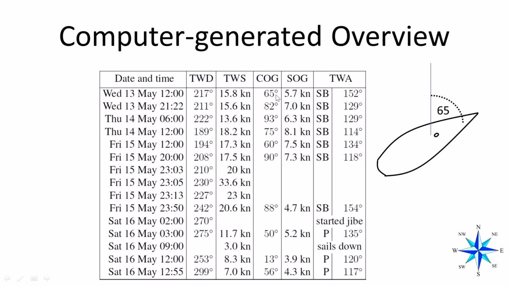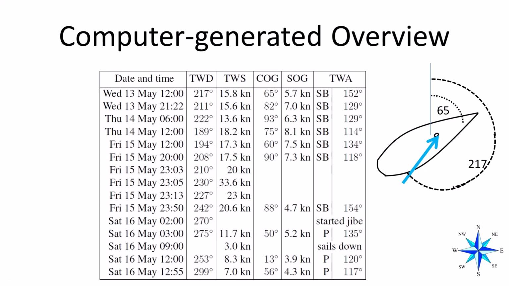So that means that angle is 65 degrees. And the wind is coming from 217. So that angle from north down to there is 217. So what's the angle between the heading and the wind? Well, it's 217 minus 65, or 152, starboard tack.